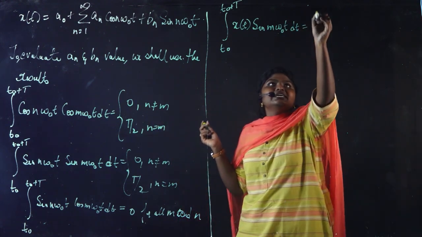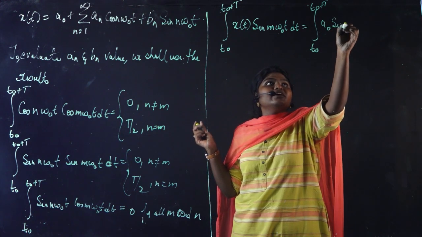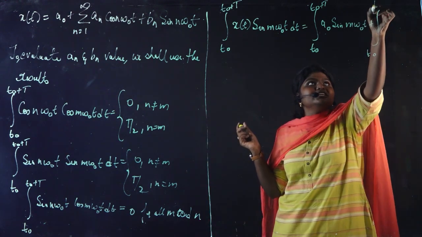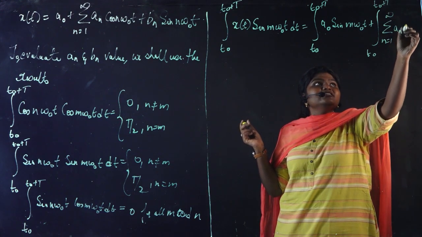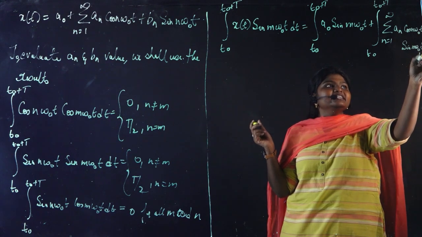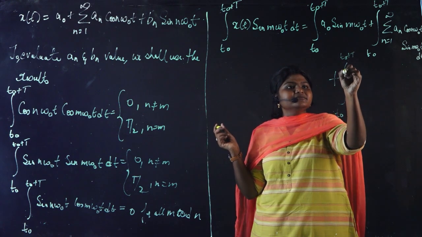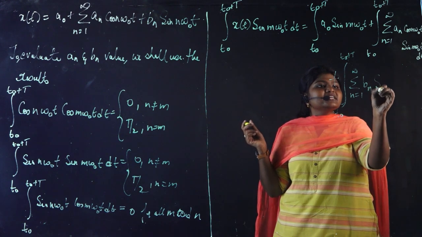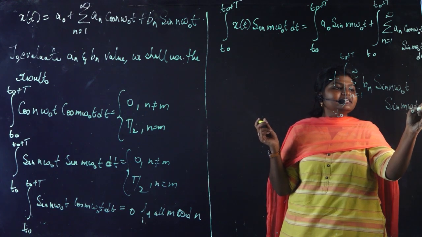So this will equal the integration in the period t naught to t naught plus T of a naught into sine of m omega naught t, plus the integral in the period of the sum from n equals 1 to infinity of a n cos n omega naught t into sine of m omega naught t dt, plus the integral in the period of the sum from n equals 1 to infinity of b n sine of n omega naught t into sine of m omega naught t dt.